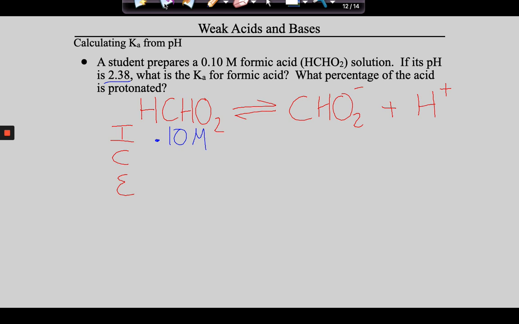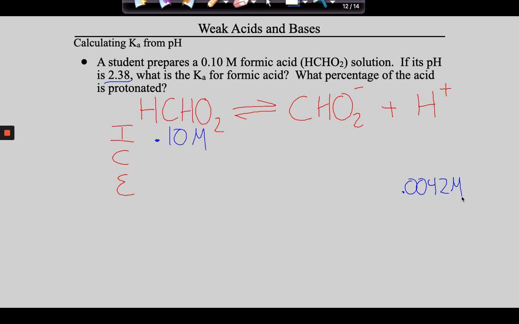So guys, this then becomes the question. Where does that fit into our icebox? It's the final concentration of hydrogen. It's the equilibrium concentration of hydrogen. So that number goes down here. That is the molarity of hydrogen ion once this thing has come to equilibrium.